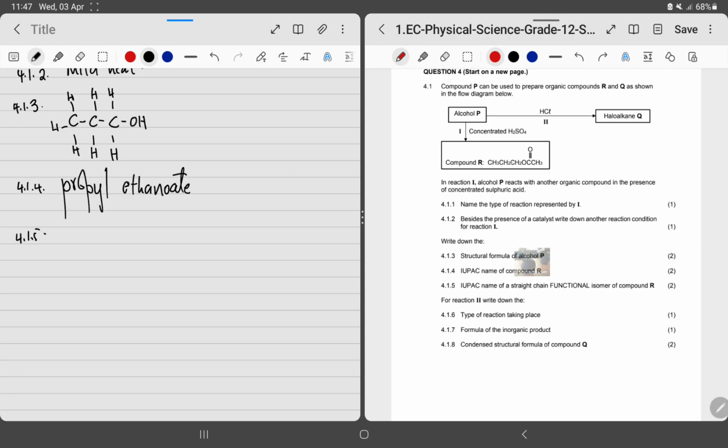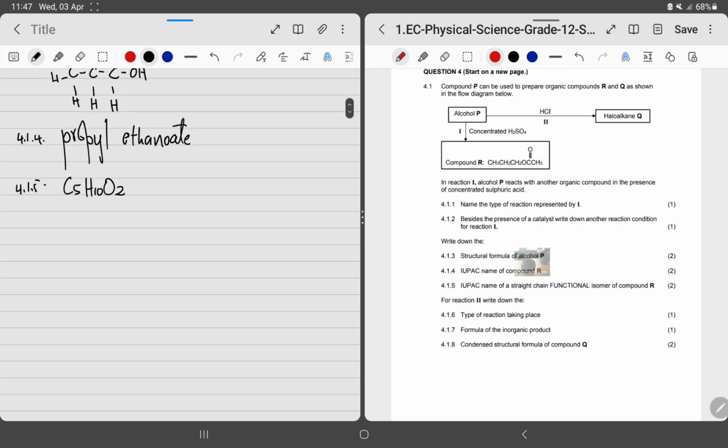We have 1, 2, 3, 4, 5, so C5. The hydrogens, 3, 5, 7, that's 10 actually, because it's 3 and 2, 3 and 2. So that is H10, and then I have 2 oxygen atoms. So that is my molecular formula.